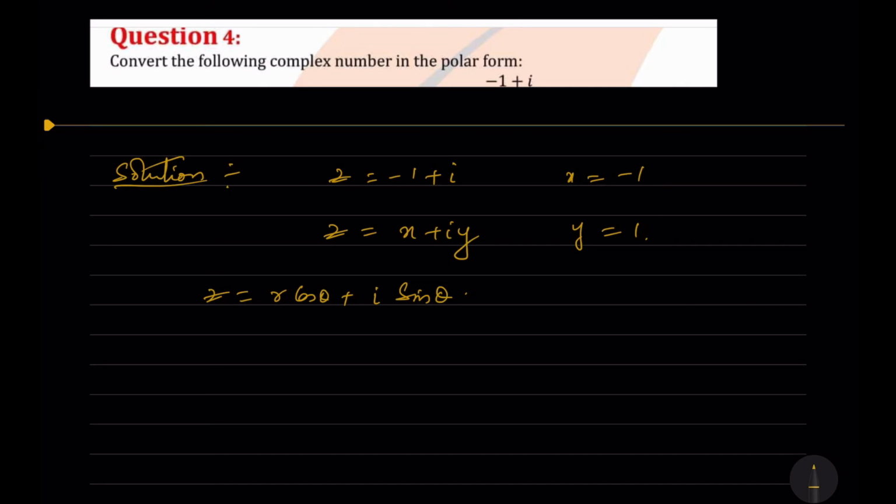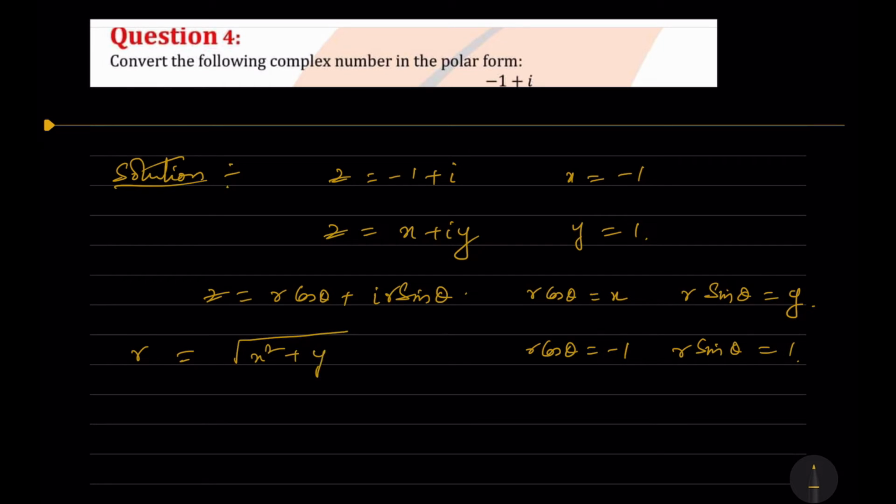So now we have to find out what r is and what theta is. Here you know that r cos theta is equal to x, r sin theta is equal to y. Therefore you will get r cos theta is equal to minus 1, r sin theta is equal to 1. Before that we'll find out what r is. R is equal to root of x square plus y square.